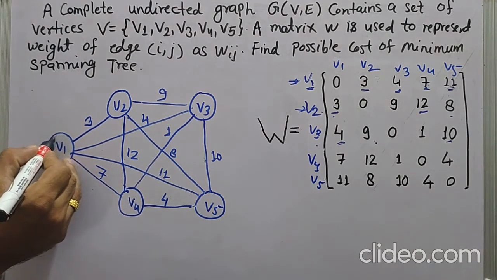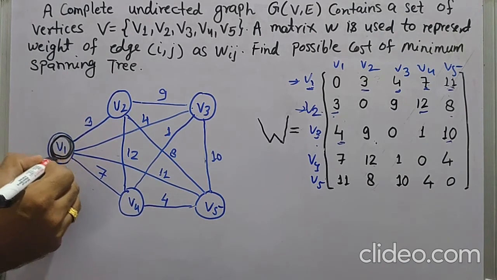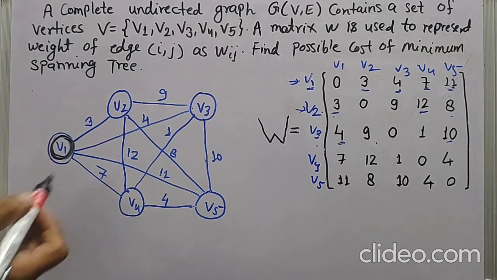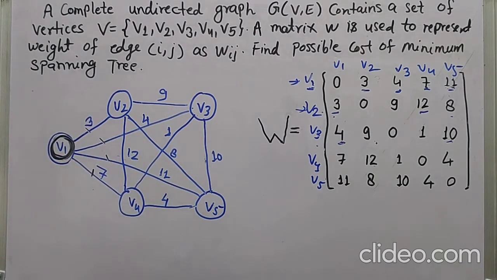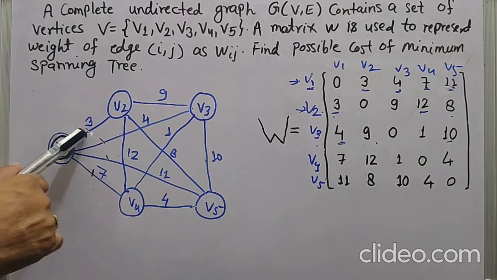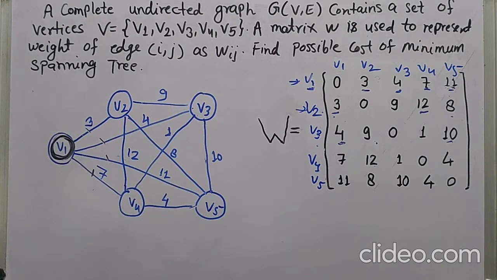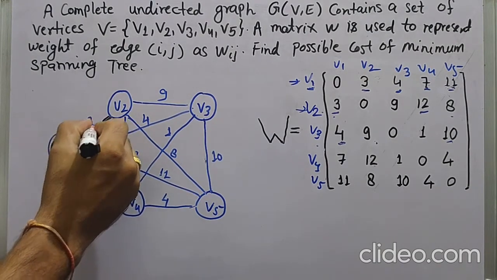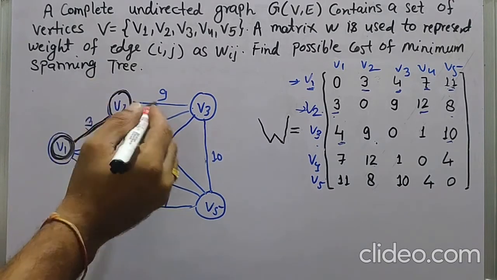Suppose V1 is the root node. Now look at the adjacent edges of this node and select the minimum. The weights are 3, 4, 11 and 7. So what is the minimum? This one, 3.